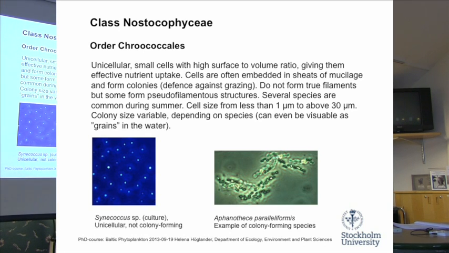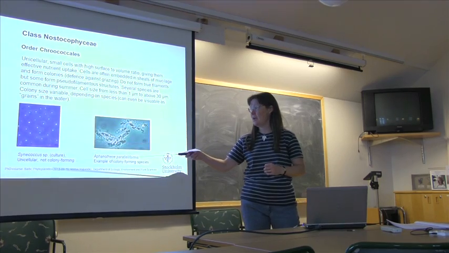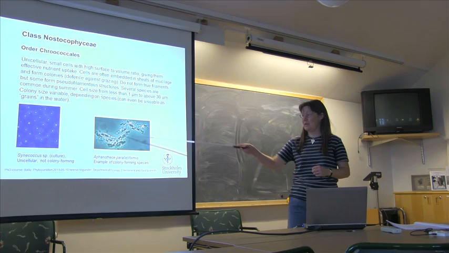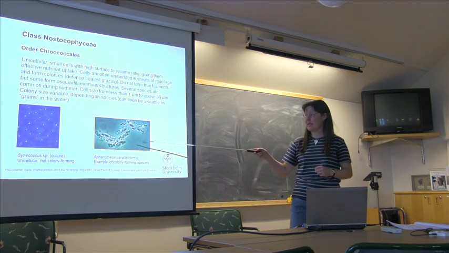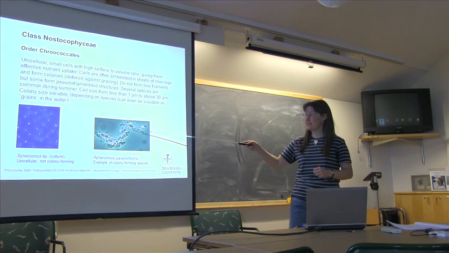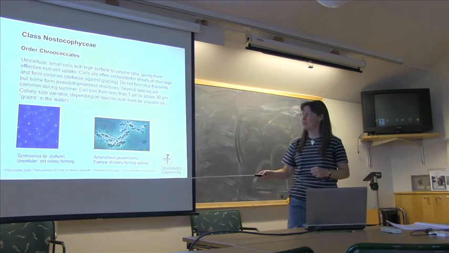Some of them form colonies because they have mucilage around them. So either they can be single cells, like this Synechococcus type, which is from a culture, or they can be colony forming, like this Aphanothece, which has a rigid structure.